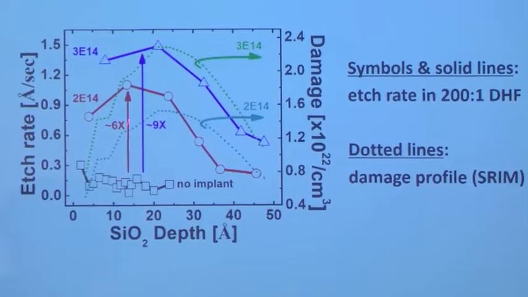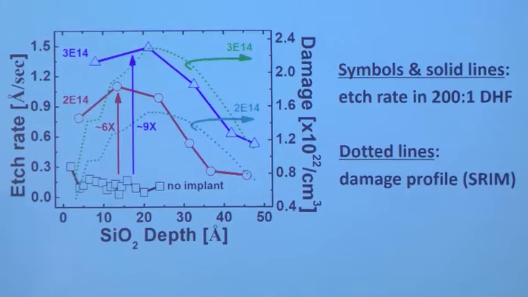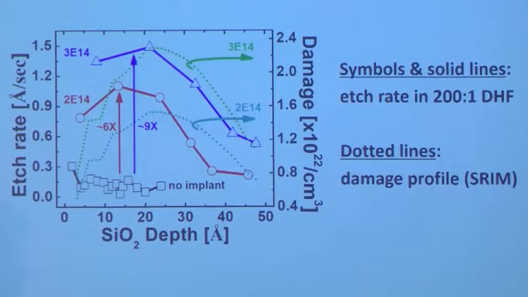But if you implant a moderate dose, so 2E14 is certainly much less than what people would use to, let's say, dope the source drain regions. It might be used to dope the channel and so on. So a very modest dose of argon at low energy, right? It's just contained within the silicon dioxide layer. The etch rate actually can be enhanced by 6 or close to 10 times depending on the dose because you're damaging the oxide to make it easier to etch away.